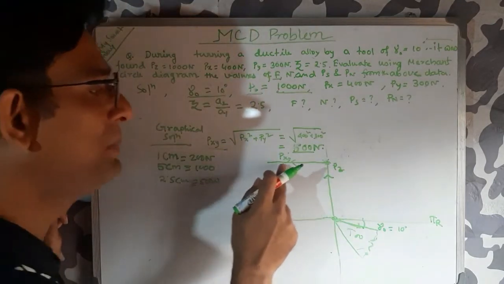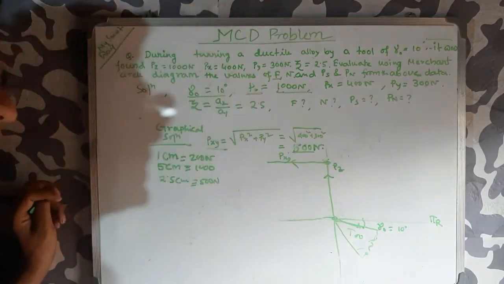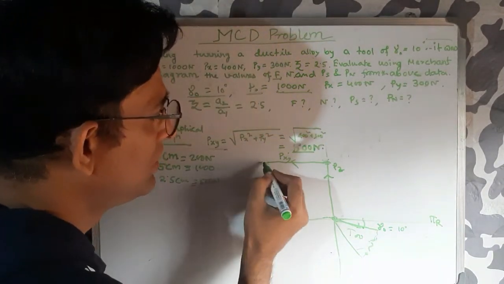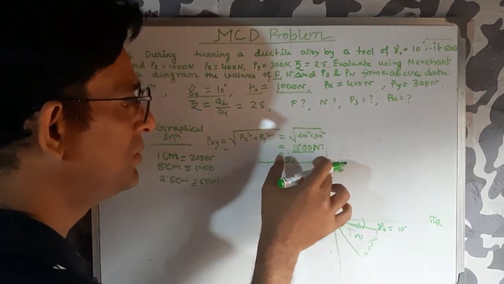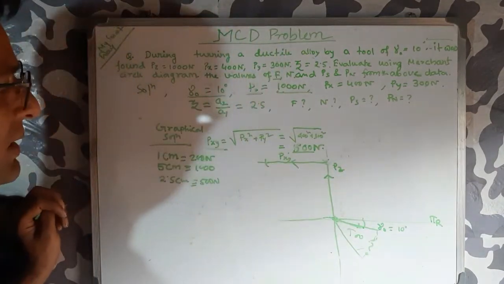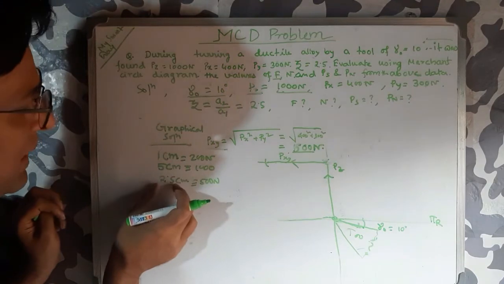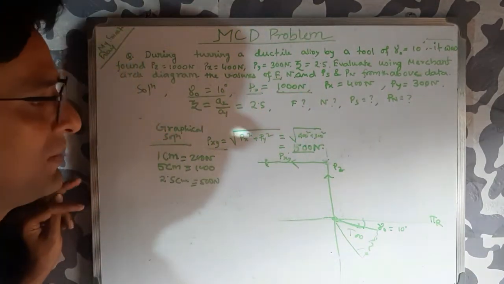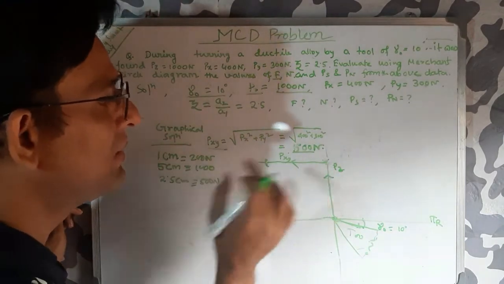Remember, Pxy and Pz are perpendicular to each other. Now from this point, cut a point with the help of a pencil compass equal to the length of 2.5 centimeter, which will represent the Pxy.